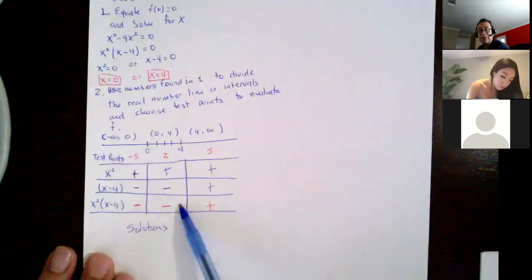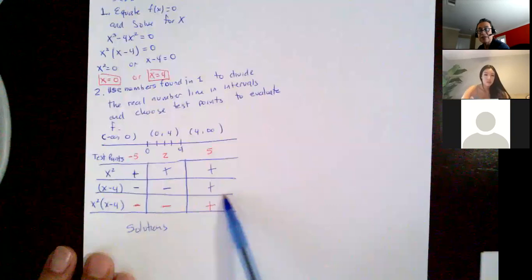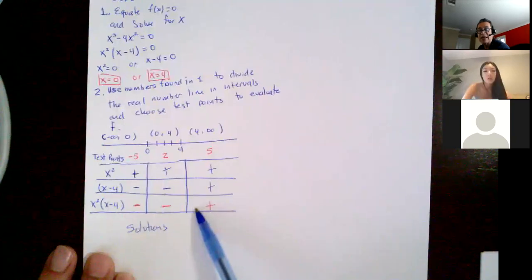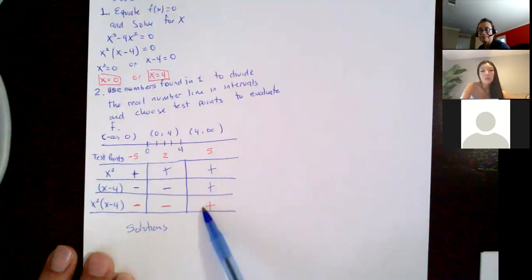So when we do the sign analysis here, notice we get negative, negative, and positive. This would be the solution. Why is that? Because that's greater than 0. We're looking for solutions to be positive. That's the reason.